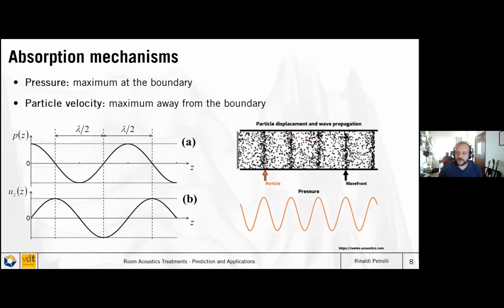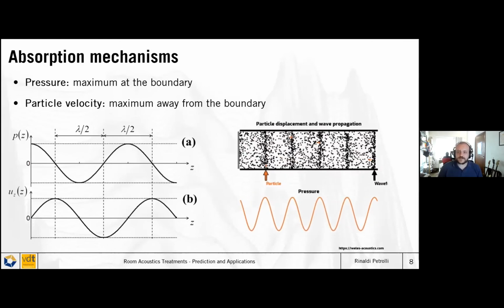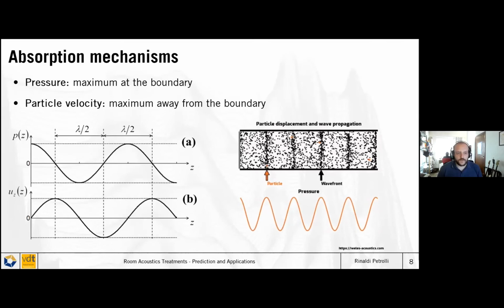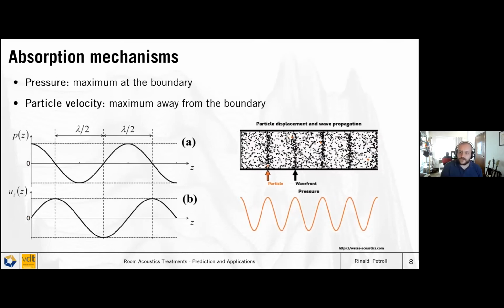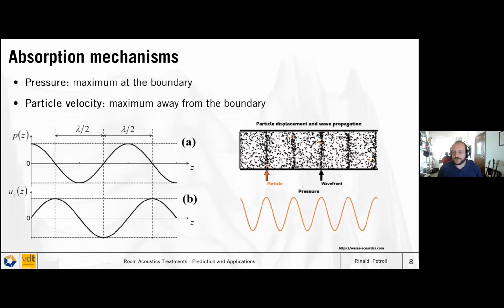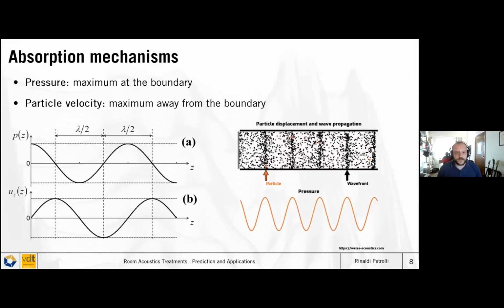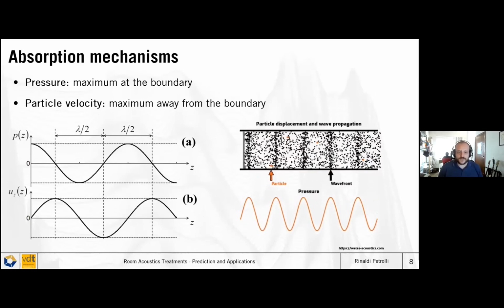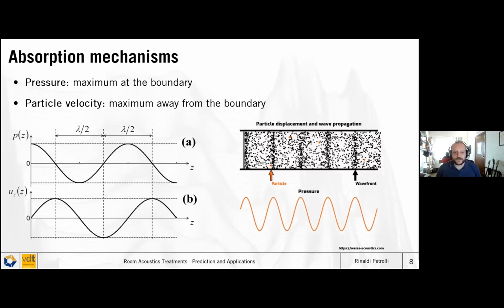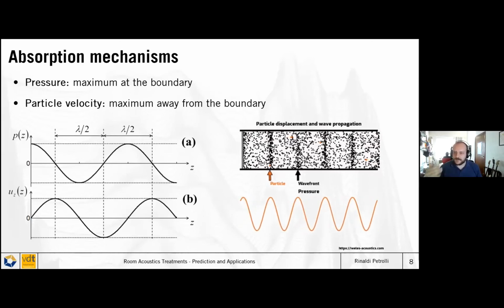And pressure is high at the boundaries. Whenever we are trying to absorb pressure, we are usually talking about the low-mid to low frequency range. So essentially Helmholtz resonators, membranes, perforated or slotted resonators. That's why you usually see this type of resonator hanging very close to the boundaries.